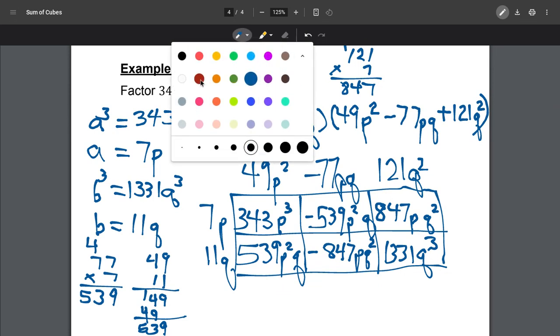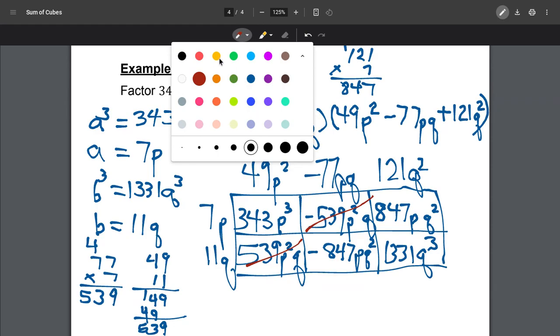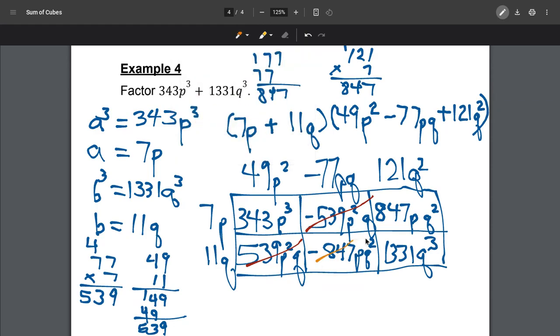Okay, so these two cancel each other out. And likewise, these two cancel themselves out. We're left with 343p cubed plus 1331q cubed. And this factors correctly. There you go. That's all there is to it.